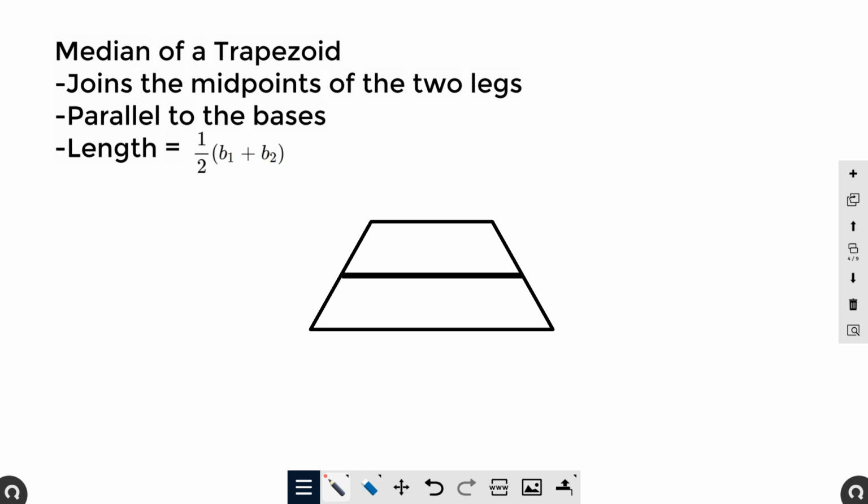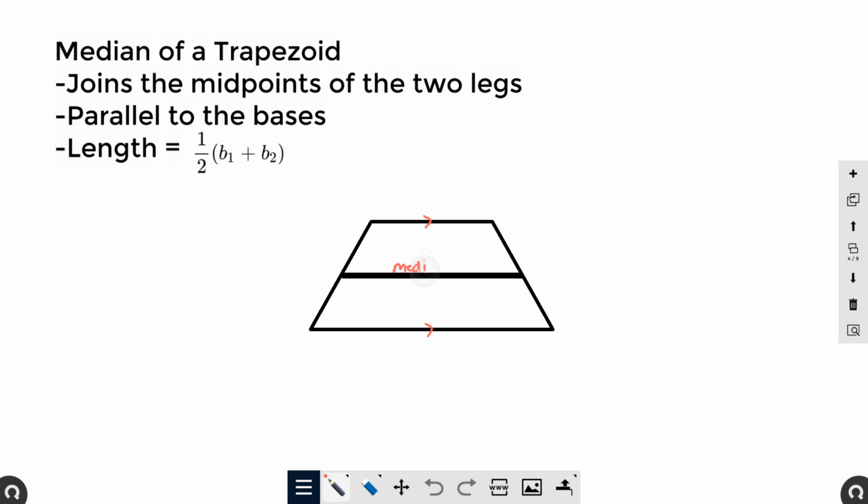So the median of the trapezoid, if we go through that first bullet point, joins the midpoints of the two legs. We know this is a trapezoid. We put little arrows right there. Those two lines are parallel. The median is where? In the middle, right? Median, middle, midpoint, those all go together.